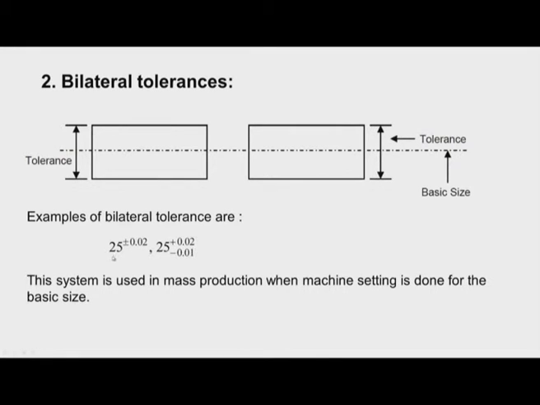So, some examples we can see here: 25 is the basic size, and the upper limit of the shaft is 25.02 mm and the lower limit of the shaft is 24.98.